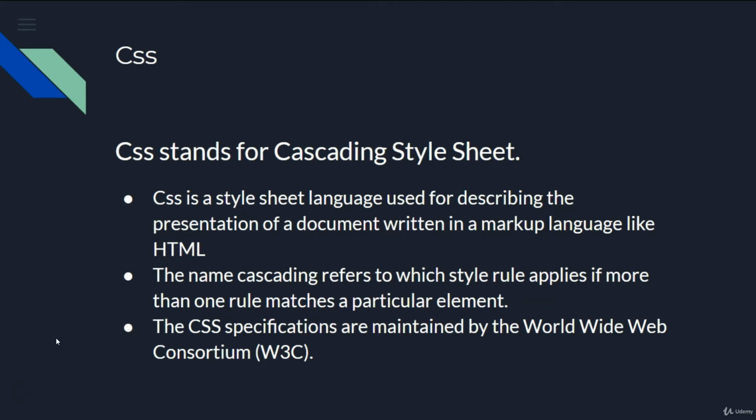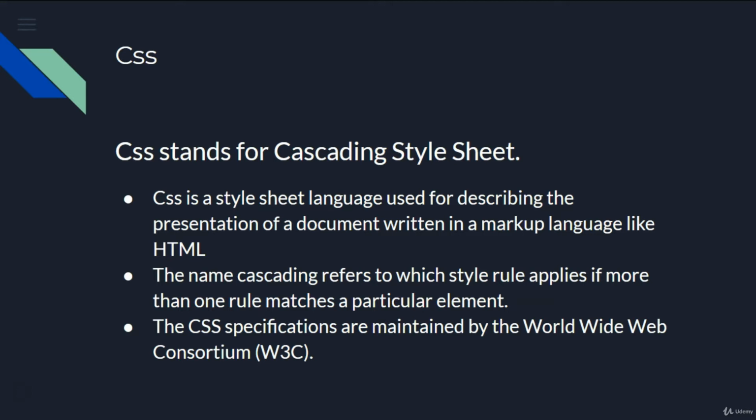Now the cascading refers to which style rule applies if more than one rule matches a particular element. So for example, if at the top of your CSS file you make a rule that your H1 tag or heading is going to be red, and later on down the page you make another rule that H1 is going to be green, then those are conflicting.